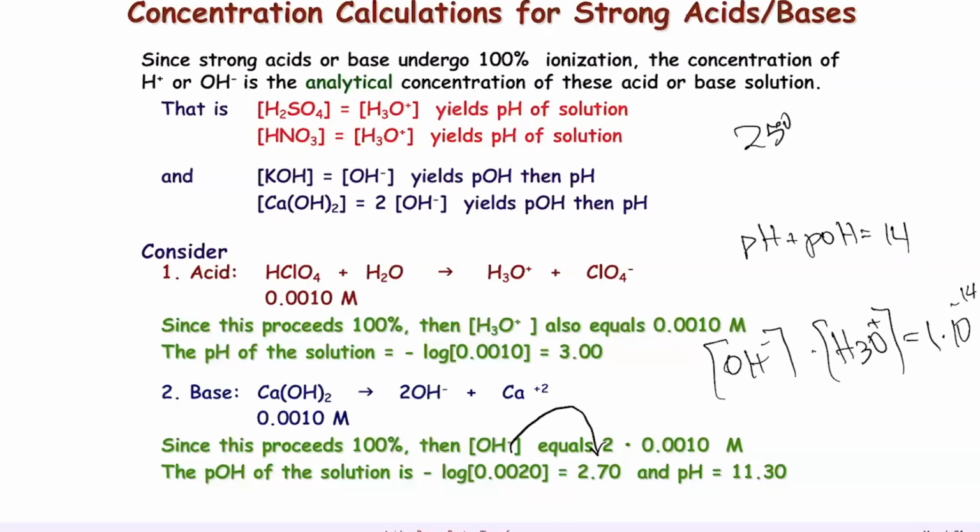So you can take 0.002, plug it in here. You know what the Kw is. Solve for the hydronium ion concentration. And then from the hydronium ion concentration, you can calculate the pH. So there are multiple ways of getting the pH from the base information.